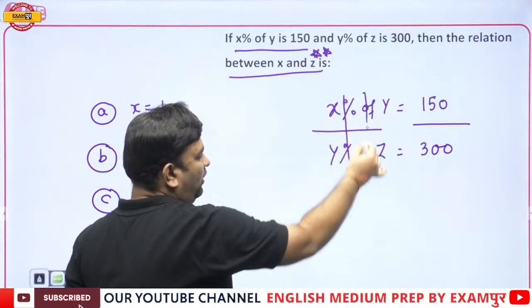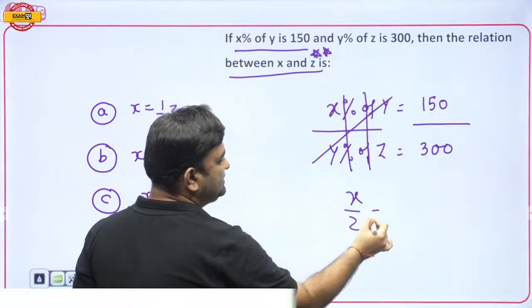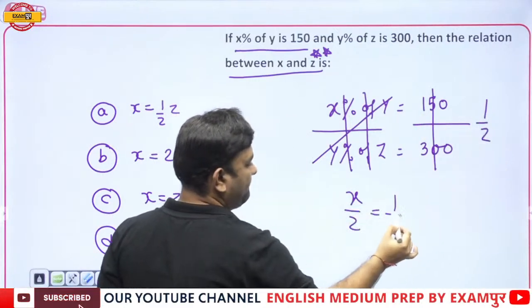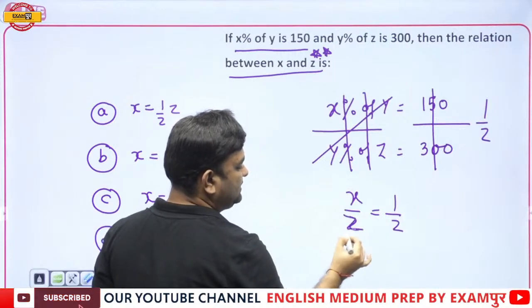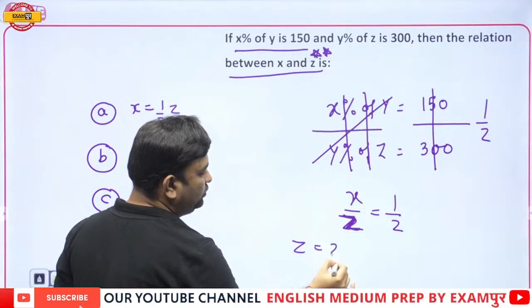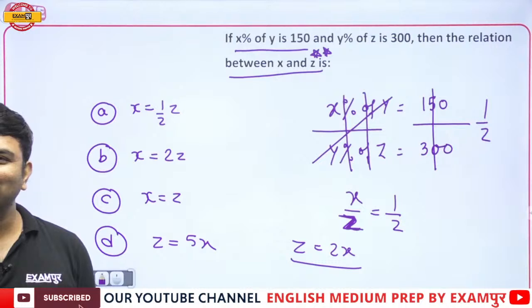Percentage will cancel out, of will cancel out, Y will cancel out. So X upon Z is equal to 1 upon 2. So Z is equal to 2X.